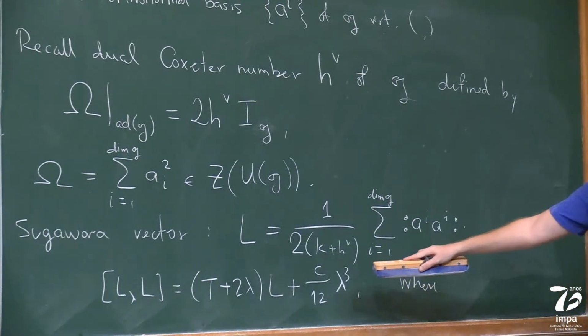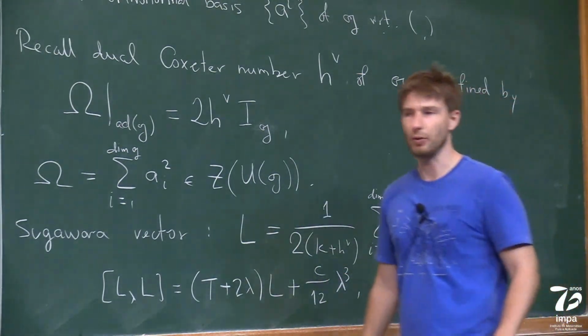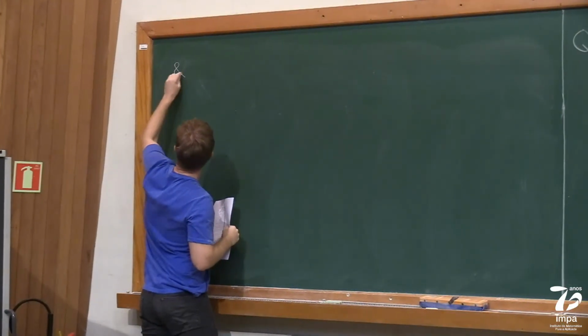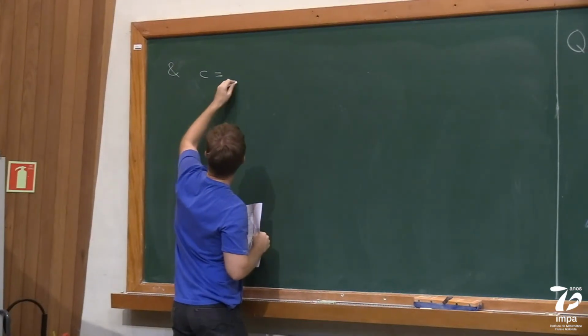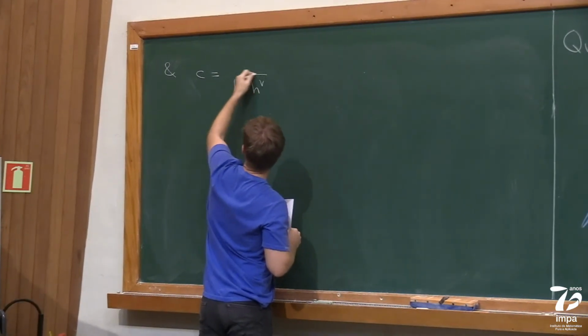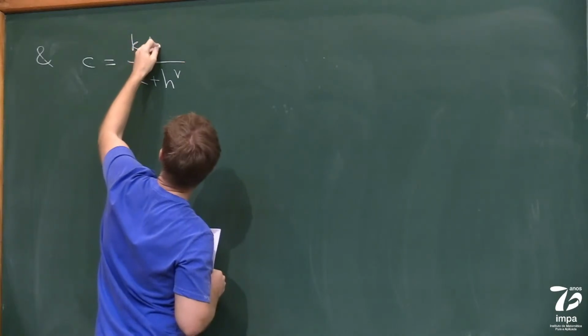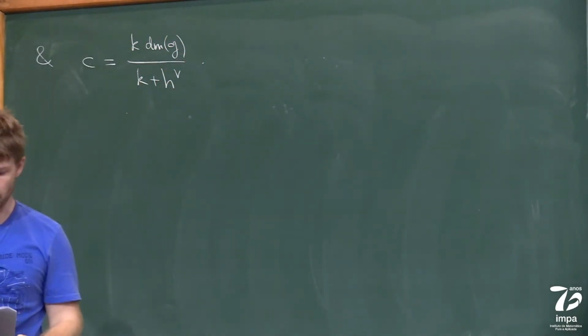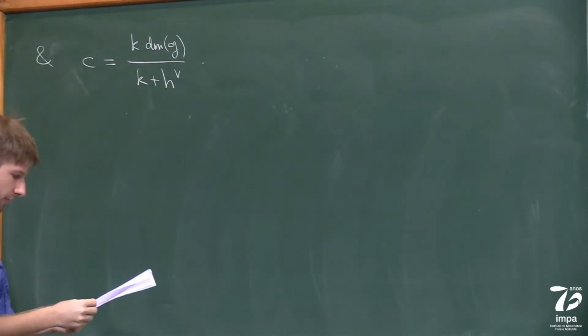And the central charge, c here, is given by the following formula. It involves the dimension of the Lie algebra, h check, and also the level.